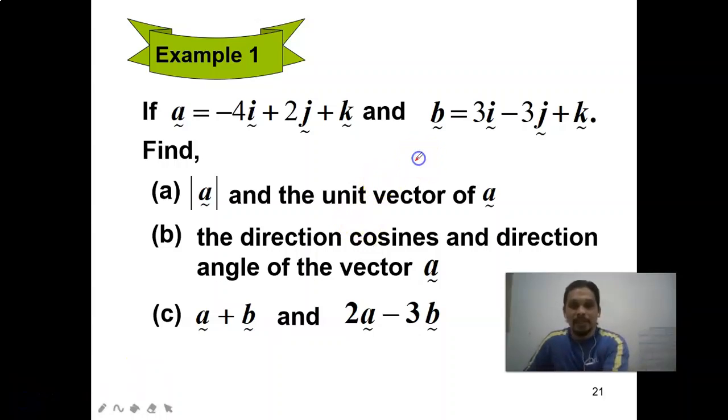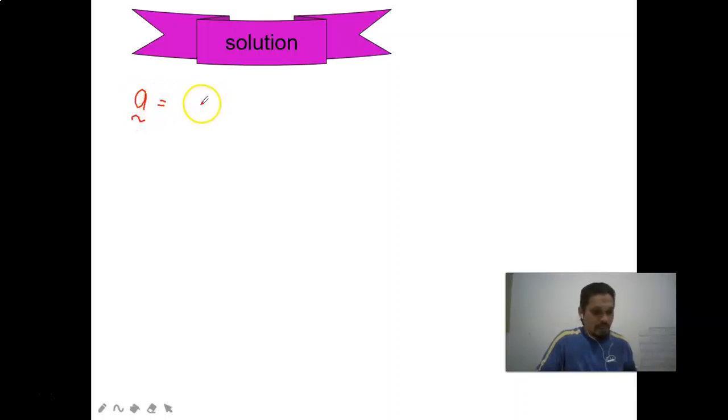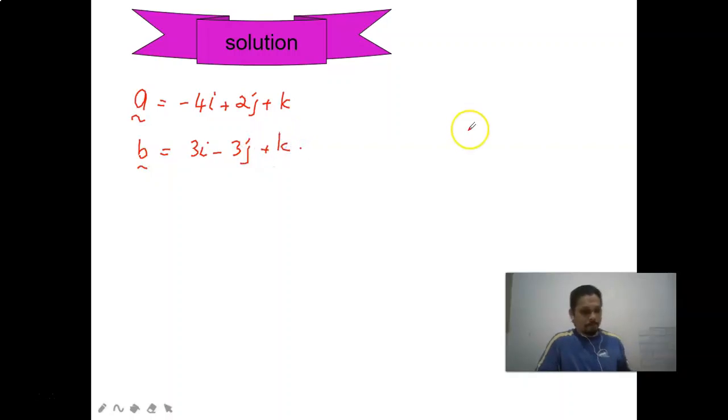Okay, so let's continue. I write again both vectors A and B, where vector A equals negative 4i plus 2j plus k, and vector B equals 3i minus 3j plus k.